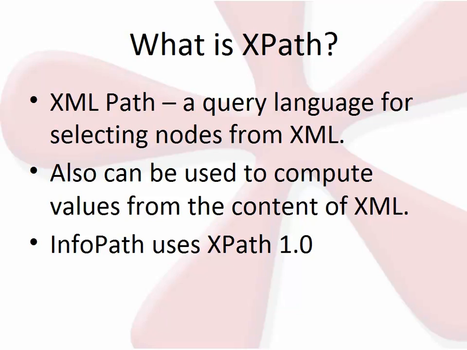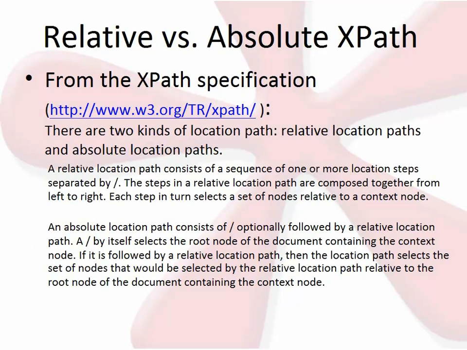Things like that are in the live and learn realm, and if you're working with a browser form, you want to publish often and test often because of things like this. There are additional functions in XPath 2.0 that would be lovely to have in InfoPath, but again, XPath 1.0 is the specification currently in use.